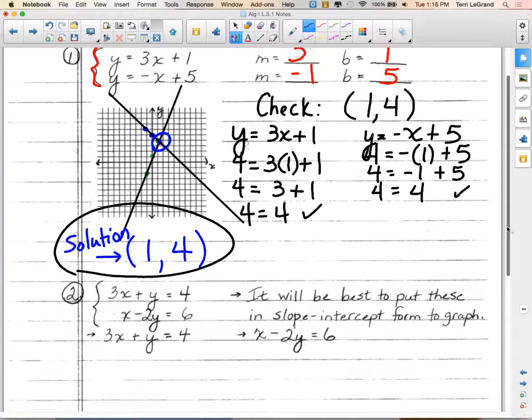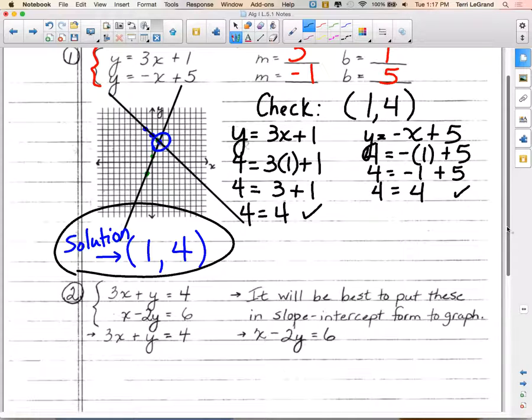Where can we check to see if we have the right ordered pair? Second graph, the table. We're going in the table to where x is equal to what? 1. And what should be true? It should be 4 in both of the y's. Go check it out. Here we do it right.